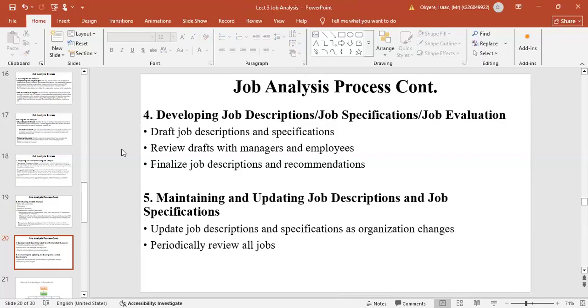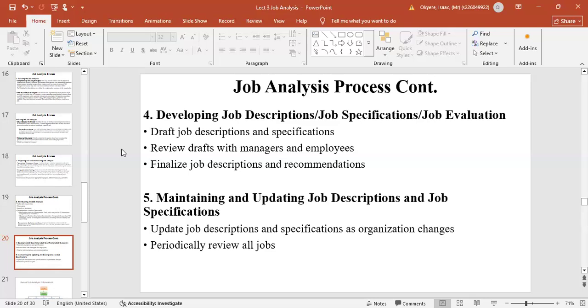So that is the process: you develop the job descriptions, job evaluations, and job specifications in the 4th step. So you draft the responsibilities, the specifications, or the evaluations. Then we move to the 5th step.